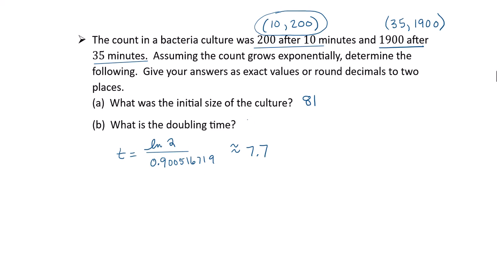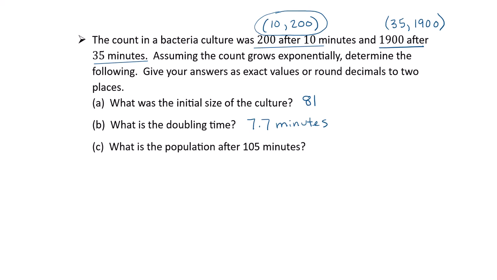So after 7.7 minutes has passed, you'll have double the amount that you started with at the beginning of that 7.7 minutes. Next, what is the population after 105 minutes?